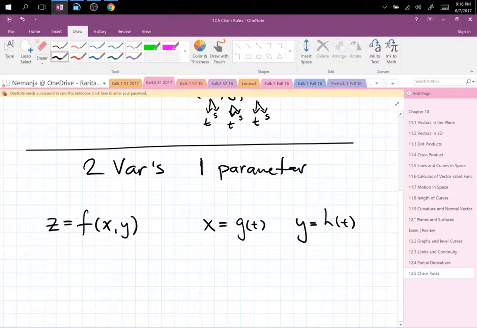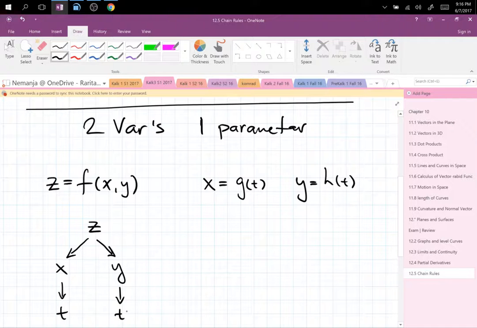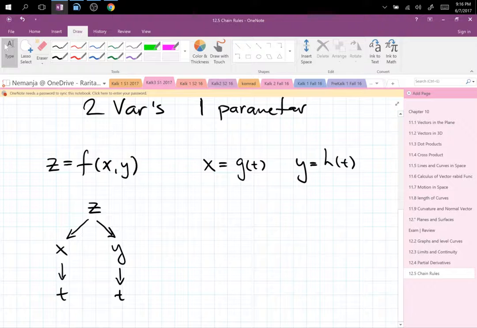But because we have a two-dimensional domain, we're having two functions plugged in instead of earlier just one. So now, if I look at the diagram for this, I will say that z is made of x and y, and x and y are both made just of parameter t. This is the simplest possible diagram that you can have.